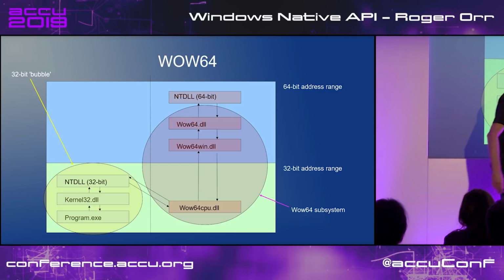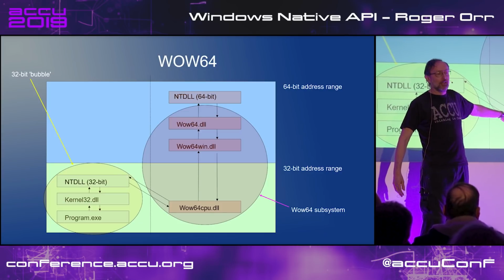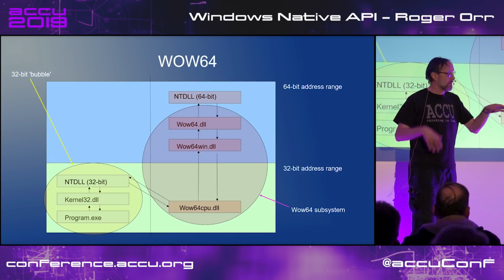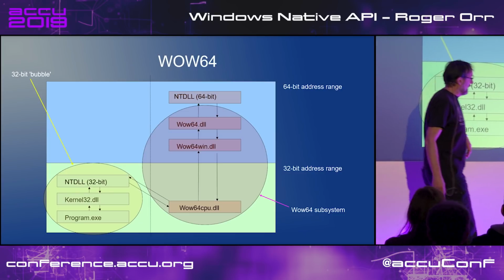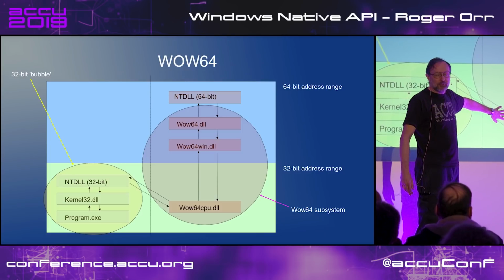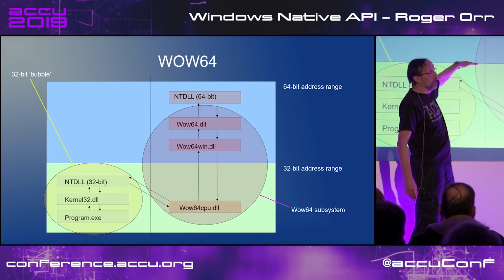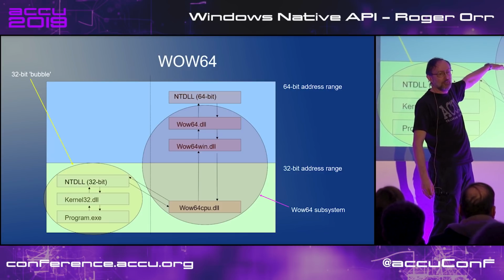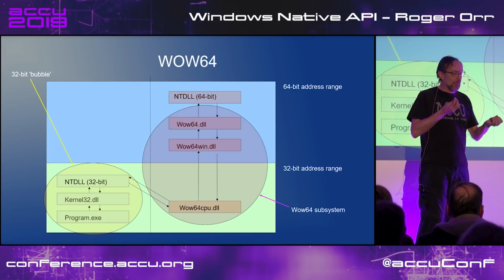And Magic Land is implemented in wow64cpu.dll, at least on the machine I'm using. There are a couple of other ways of doing it, I believe. And that is the only bit of the WoW64 system that lives below the 4 gig limit, because it's the only bit that has to. Somehow, I've got to get from 32-bit land to 64.